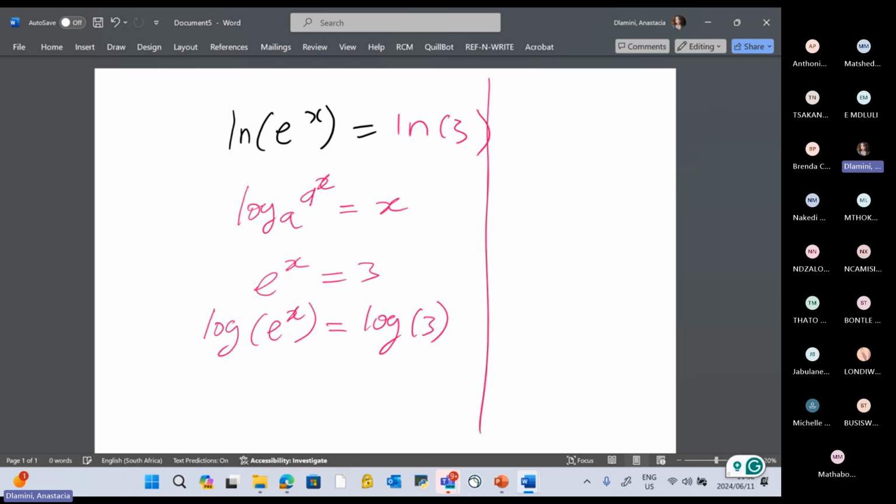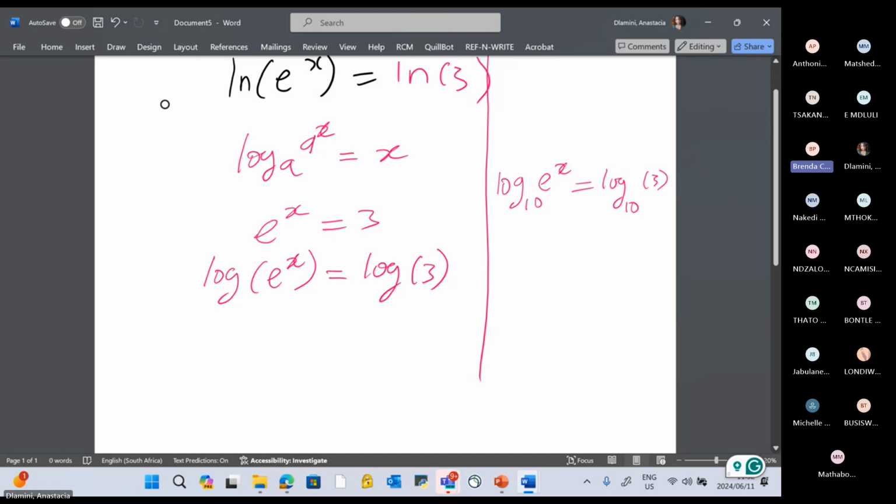When we're solving, we're using a common logarithm, so this is log of e to the power of x base 10 equals log of 3 base 10. Is there something we can do from here?